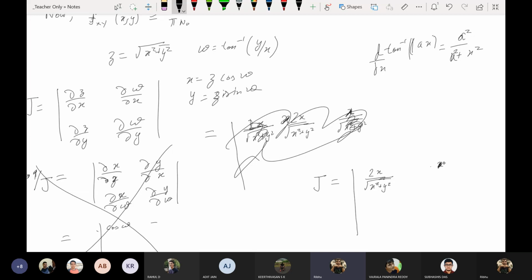So 1 upon x square plus y square, x square, sorry, y square upon this, and here it is 2y.